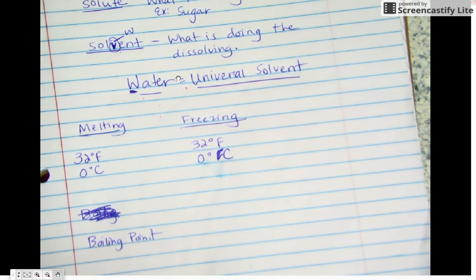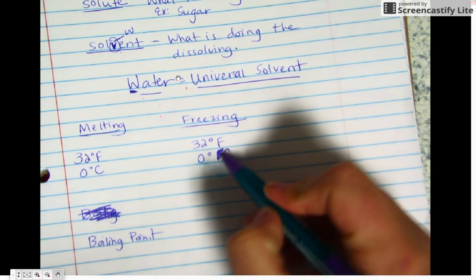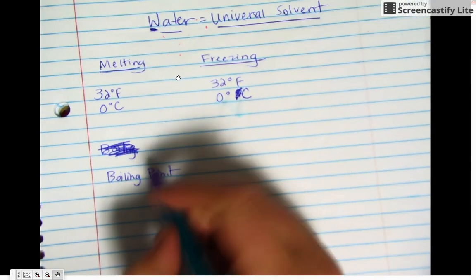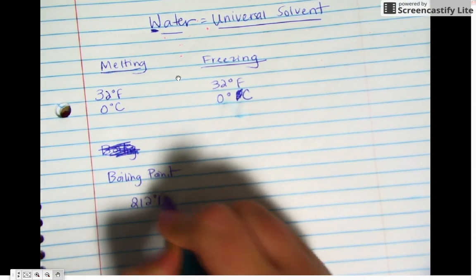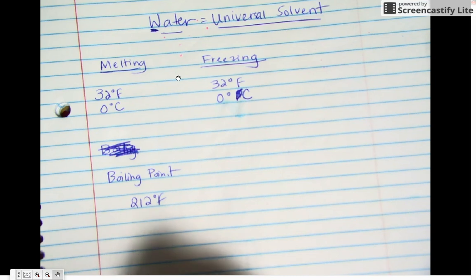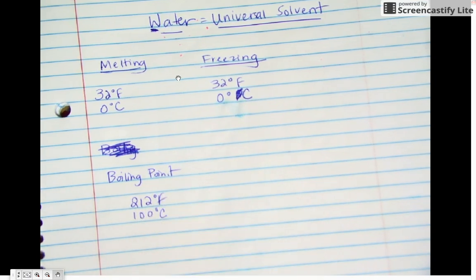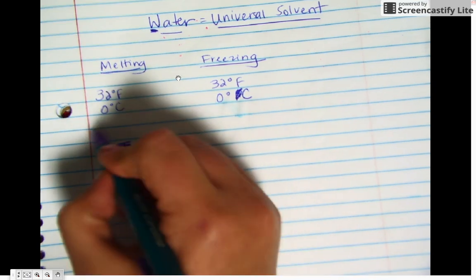Now, if I take a pot, put some water in it, and turn my stove on, my temperature is going to have to be 212 degrees Fahrenheit or higher, which is the same as 100 degrees Celsius or higher. Okay? So just a few pictures.